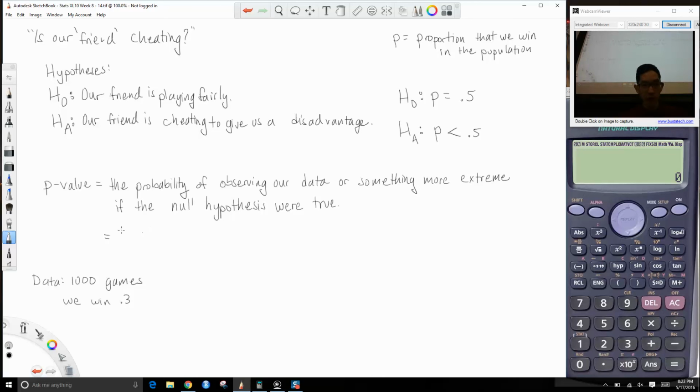So it is the probability that a fair coin lands heads 30% or less out of 1,000 flips.